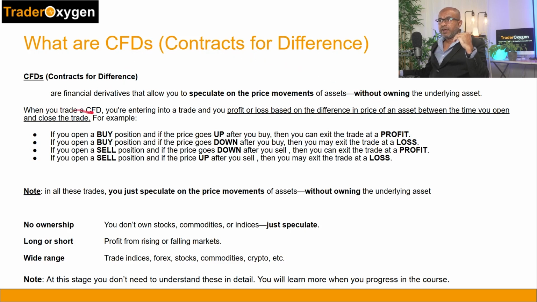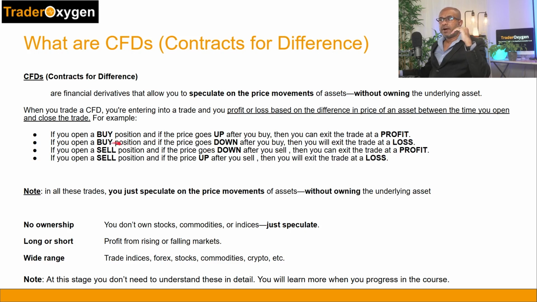For example, when you trade CFDs, you are entering into a trade and you profit or lose based on the difference in the price of the asset between the time you open and close the trade. So if you open a buy position and the price goes up after you buy, then you can exit the trade at a profit.